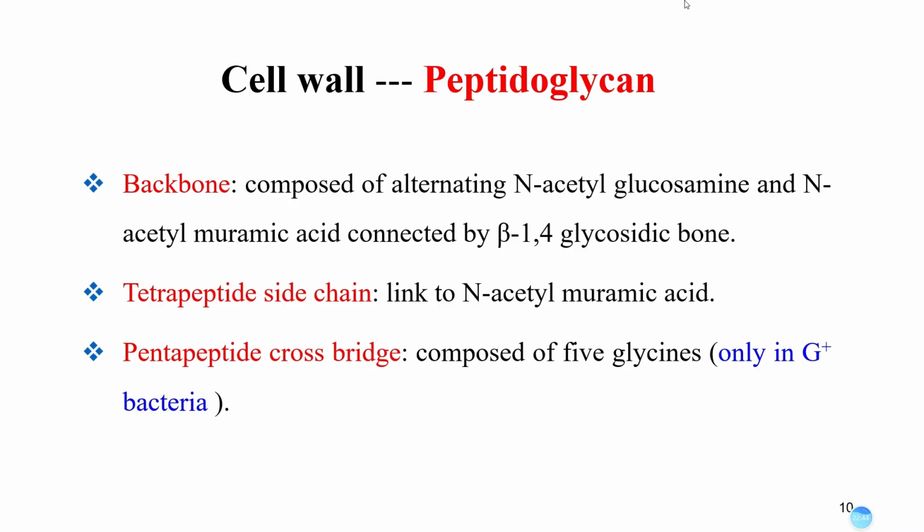And also they have the pentapeptide cross bridge. Do you know the meaning of pent? Five, right? So the pentapeptide cross bridge means that it's a peptide with 5 amino acids.